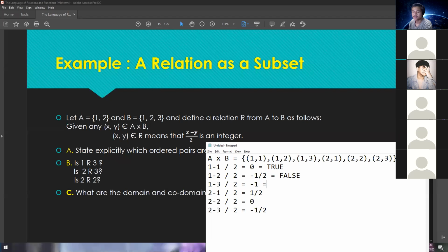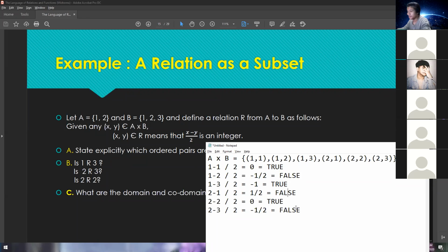It can be a negative whole number, so it can be negative, 0, or positive. Negative 1, is this an integer? Yes. What about positive 1 half? False. How about 0? True. And then lastly, negative 1 half. False.